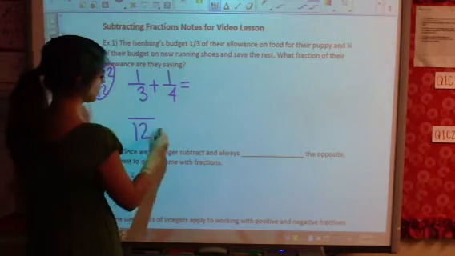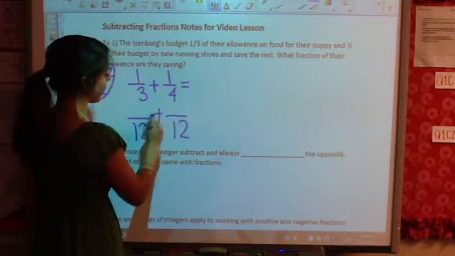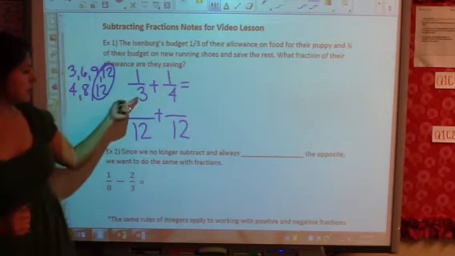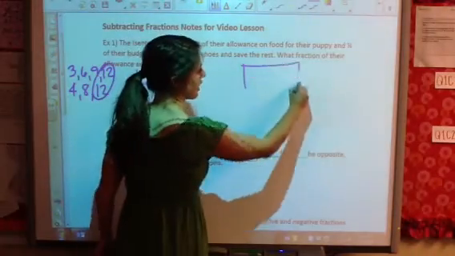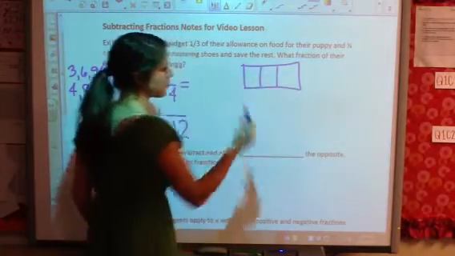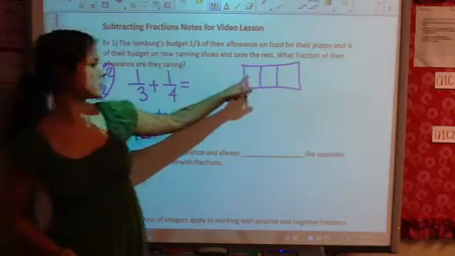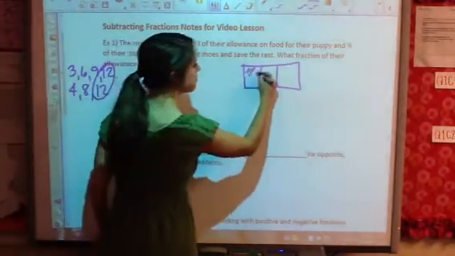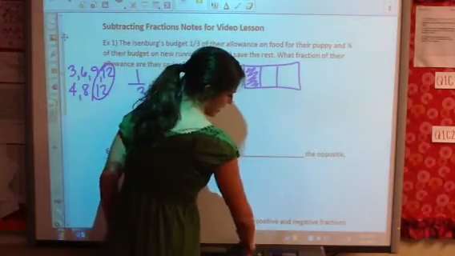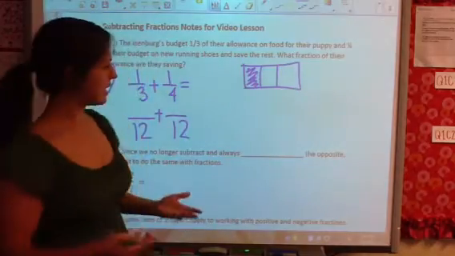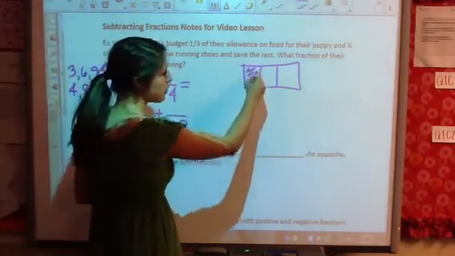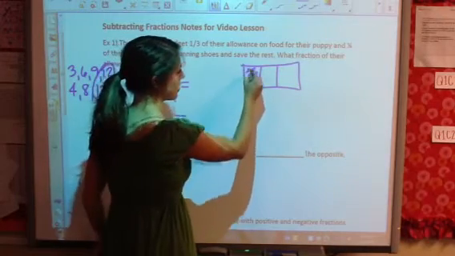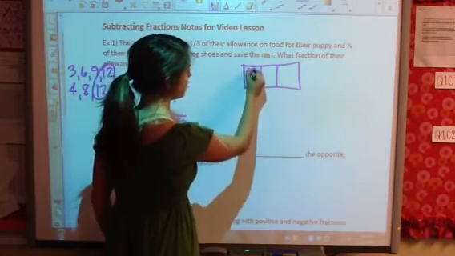So if I want to use 12, what I'm really doing is taking a candy bar that's cut into thirds. You don't have to write this in your notes, but just for visual. If a candy bar is cut into thirds and I have one of them, and instead I decide I want my candy bar cut into 12ths, then I need to quadruple every third cut. So I'm going to make maybe 1, 2, 3.